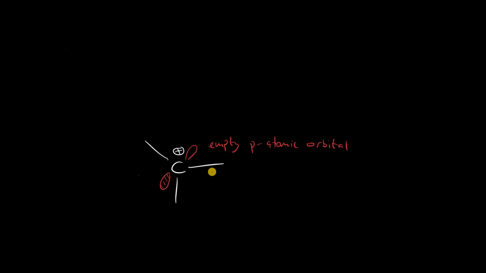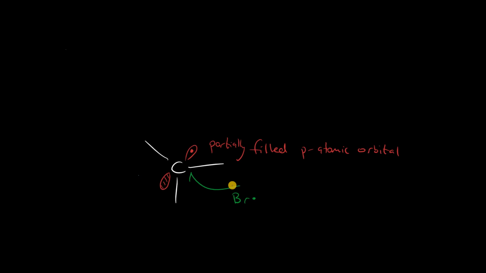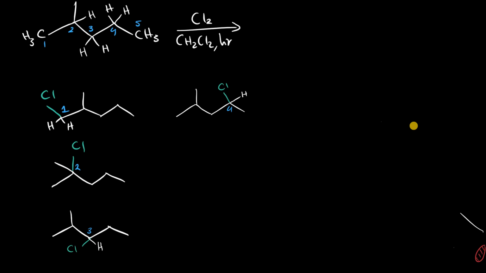In the case of radicals, we have a partially filled p atomic orbital. This also contributes to sp2 planarity and means that in propagation 2, bromide, for example, can attack from the front or from the back, forming a racemic product. So because of that, the formation of a chiral center results in two stereoisomers, two enantiomers.